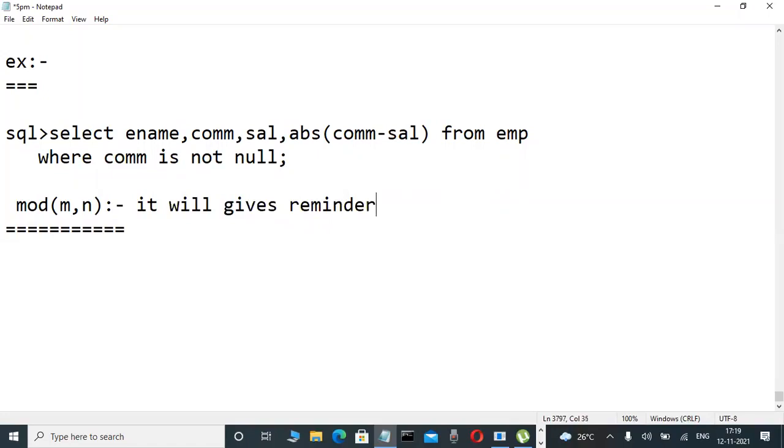It will give us a remainder after m divided by n.